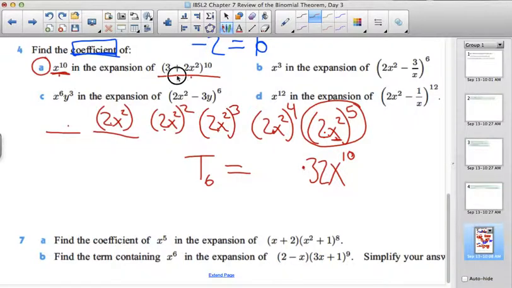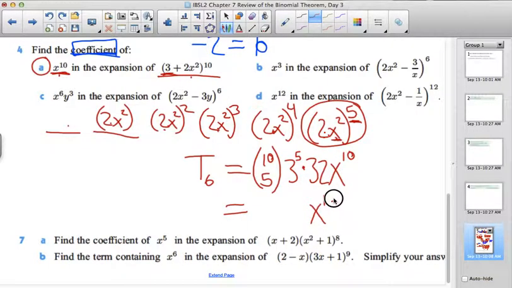But we also have a, which is 3. 3 is going to be raised to the fifth power because 10 minus this 5, this is our r, 5. So 10 minus 5 is this 5, okay? And then we also have a 10 choose 5, because again, r was 5, in the front of this.